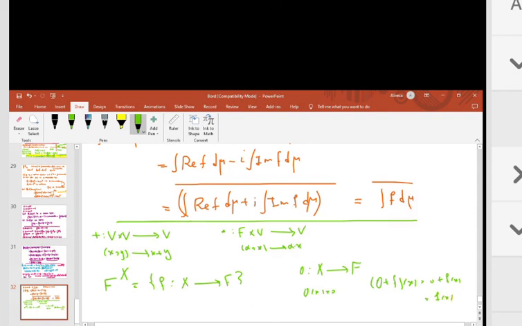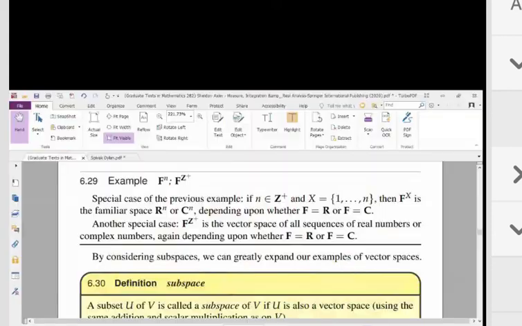And for any f from X to F, we see that minus f from X to F, by this definition minus f of any x equals minus f of x, then f plus minus f equals the 0 function. And other properties are very obvious.